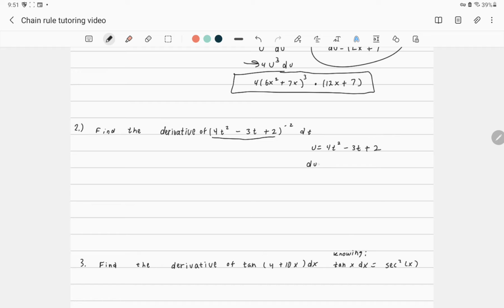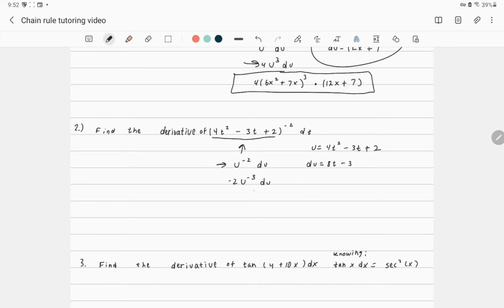Then find the derivative of that, which is 8t minus 3. And then you're going to plug in a u where this line is. So you'll say u to the negative 2 du. And then you want to find the derivative of this, which you will do negative 2 u to the negative 3 du.